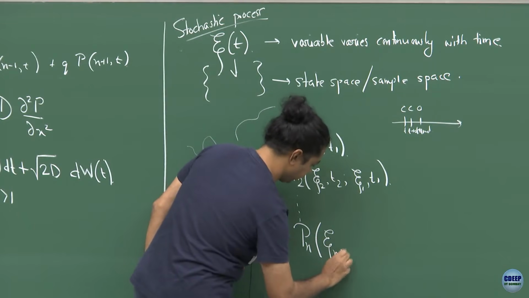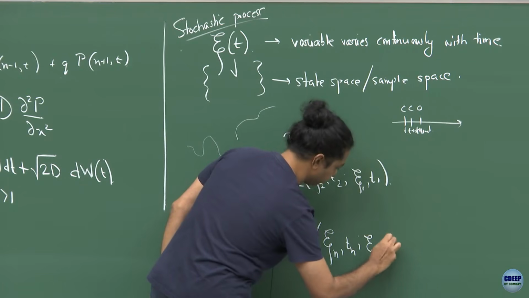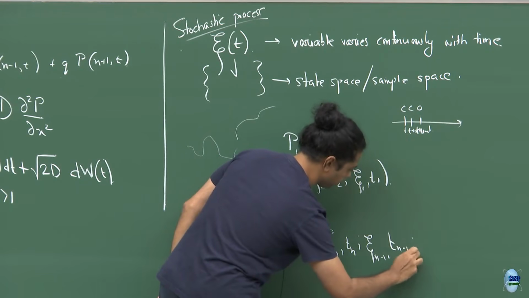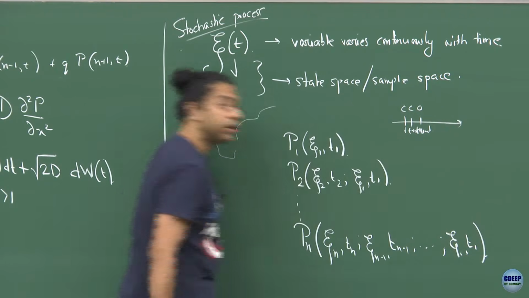So, xi n Tn, xi n minus 1 Tn minus 1, all the way up to xi 1 T1, right.